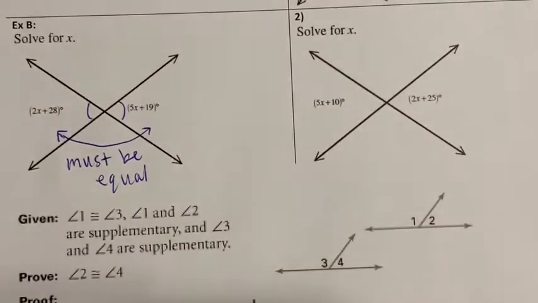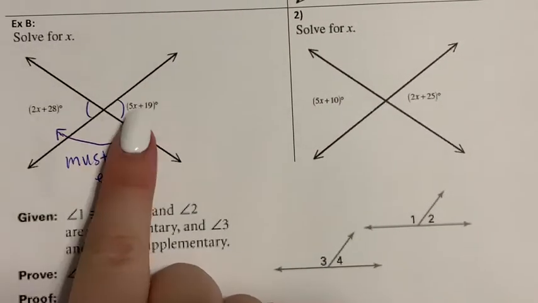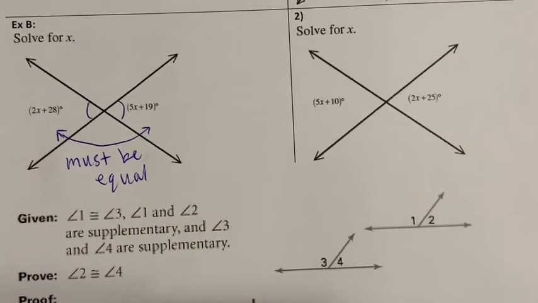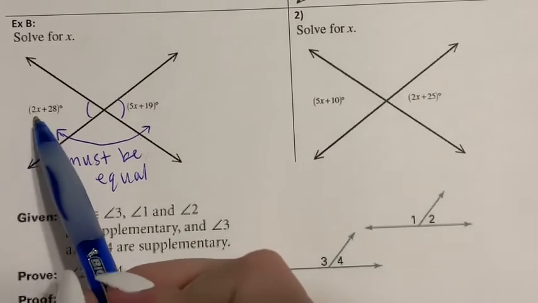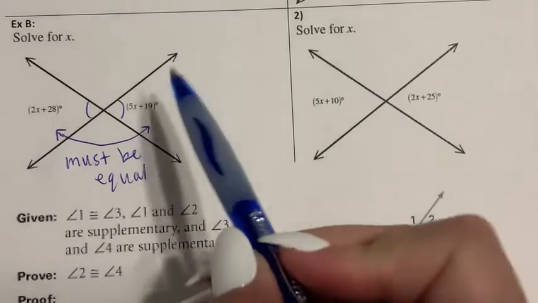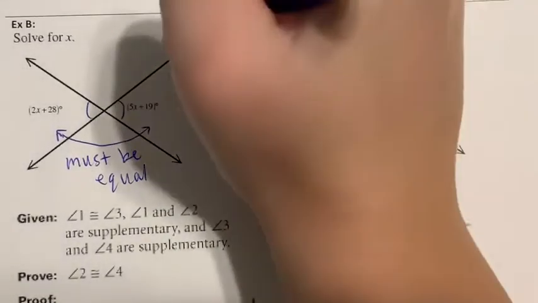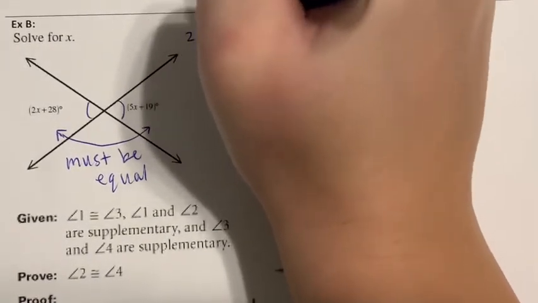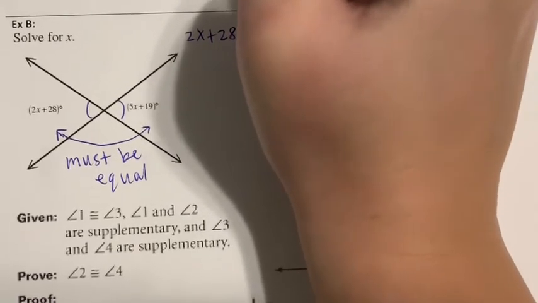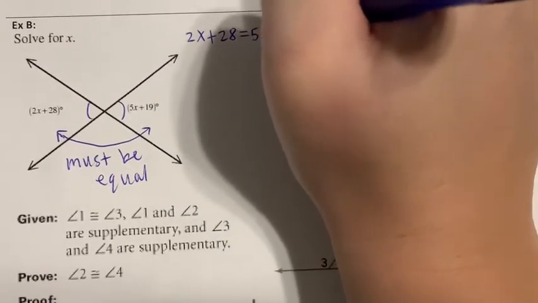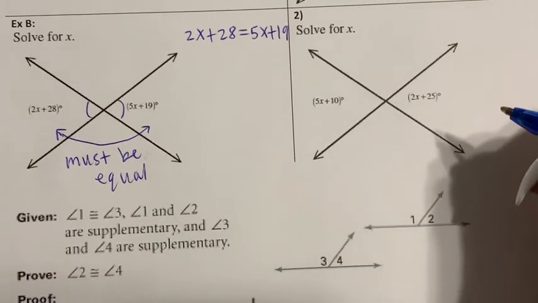So I can simply set these 2 expressions equal to each other. So I can say 2x plus 28 equals 5x plus 19. And there's our equation that we need to solve.